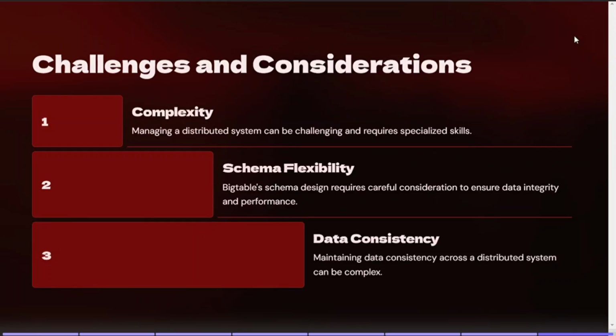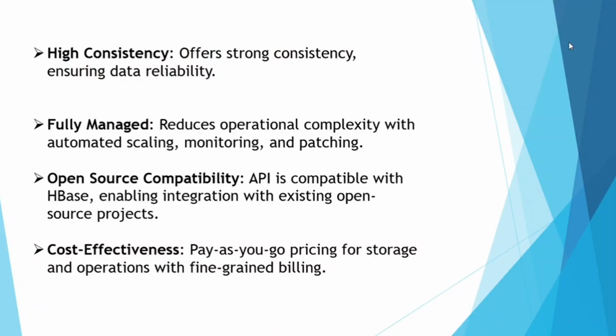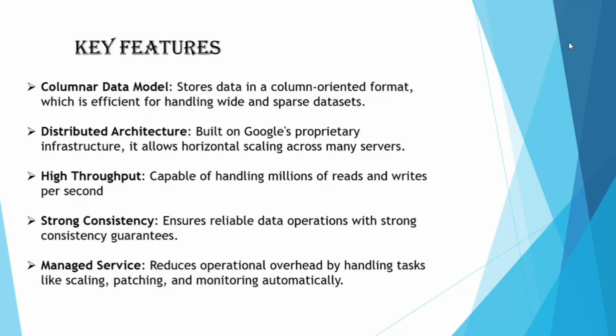So, what are the key features? Columnar data model. Store data in a column oriented format which is efficient for handling wide and sparse datasets. Distributed architecture. Built on Google proprietary infrastructure, it allows horizontal scaling across many servers.